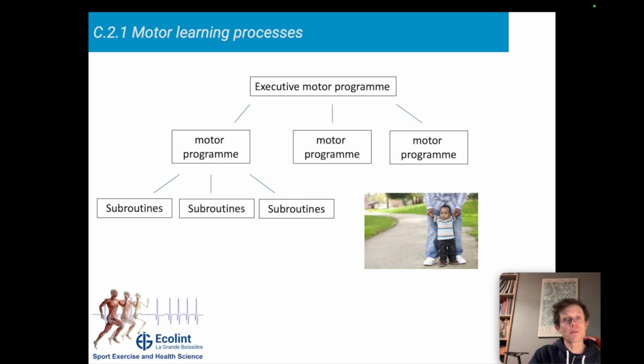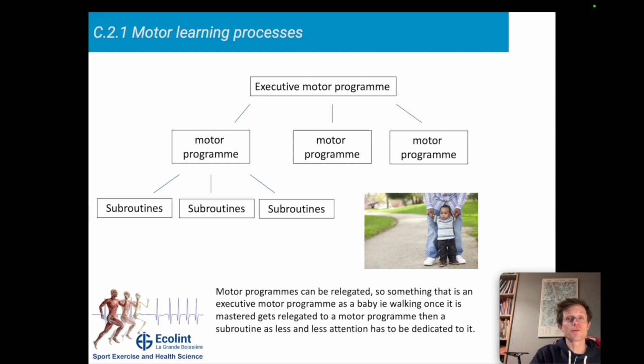A motor program might be the ability to balance. And within that motor program, the ability to transfer weight from one side of their body to the other could be a subroutine. As the baby becomes more proficient at walking, less attention has to be devoted to that executive motor program of walking, and that can be relegated to a motor program, and a more complex executive motor program can be included above.